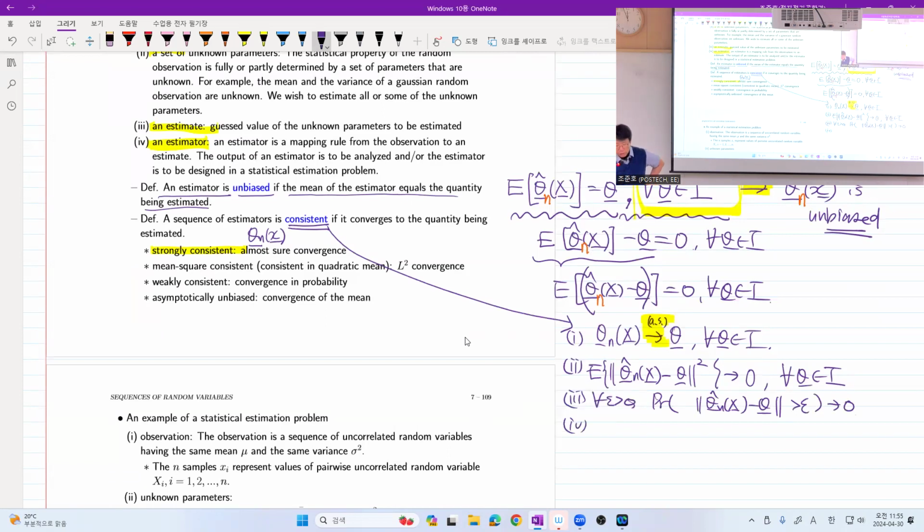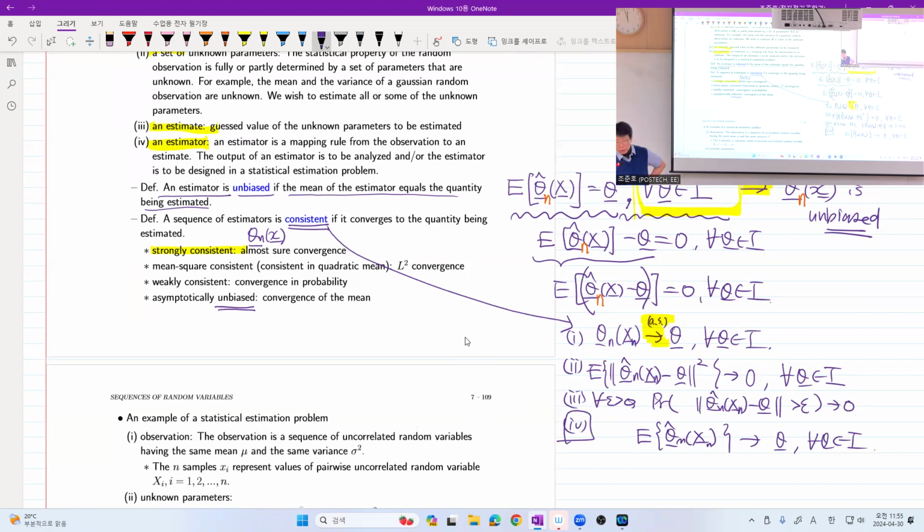The fourth one is an interesting thing. This is unbiasedness combined with consistency. In order to talk about unbiasedness, you need to take the expectation, right? And then this converges to theta for all theta in the parameter set.